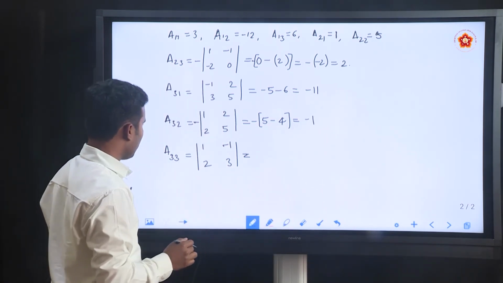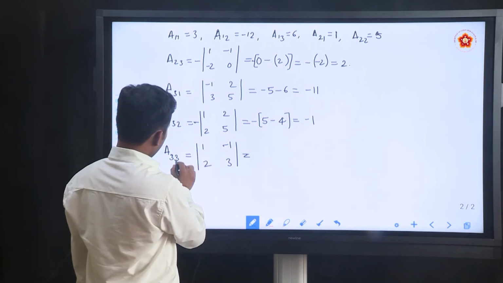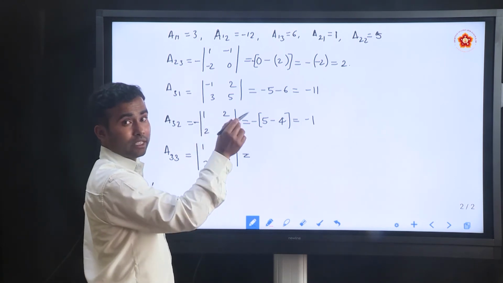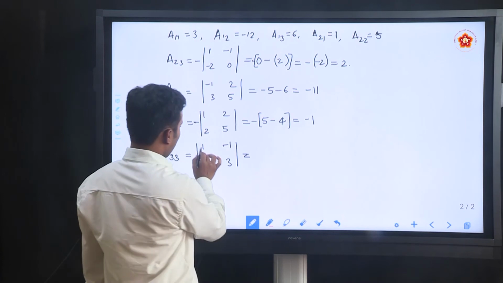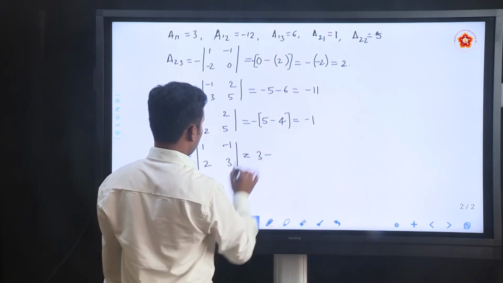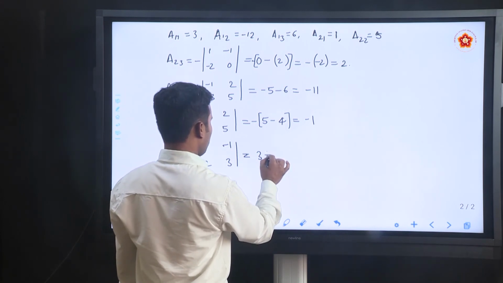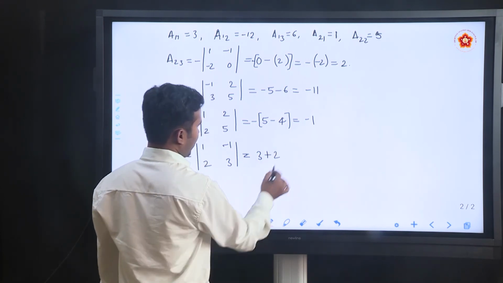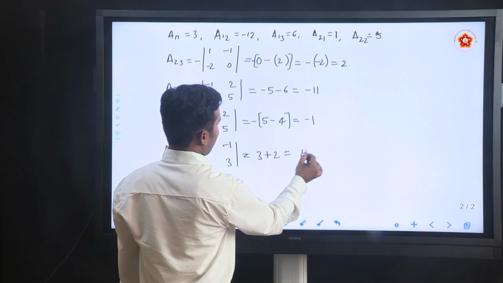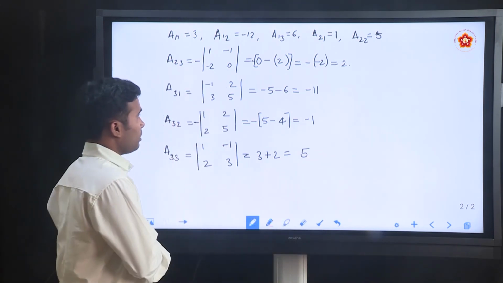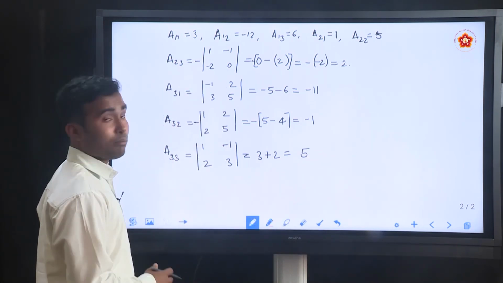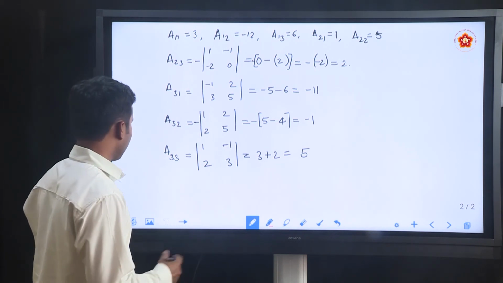And the last element is 3 plus 3, minus 1 to the power 3 plus 3 is positive. Okay. 1 into 3 is 3, minus 1 into 2 is minus 2, which is plus 2. What is this? 5.